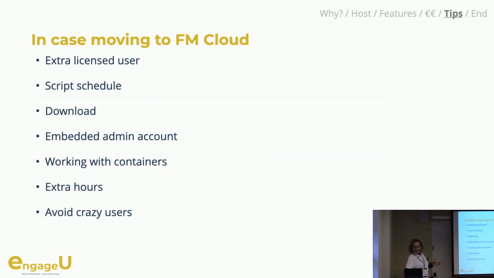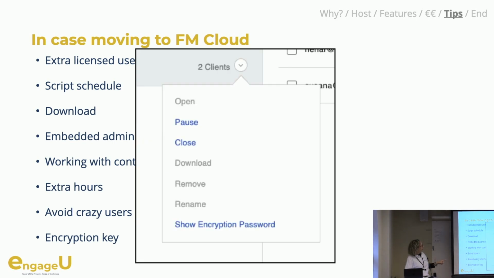Okay? And this one is the big one, and the last one: the encryption key. Be sure to copy the encryption key, the encryption password, before you terminate your FileMaker Cloud account.